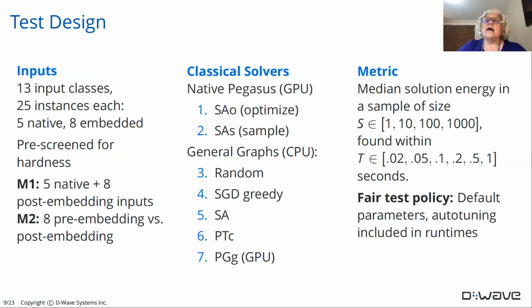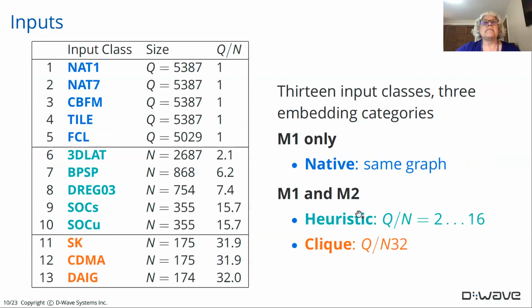So we used default parameter settings, just constant values as much as possible. And when it was really necessary, if there is some auto-tuning that goes on with respect to a certain input, the classical solvers are allowed to do that, but that's included as part of the runtime cost of the computation. So we're equalizing the tuning with respect to these time limits in these scenarios.